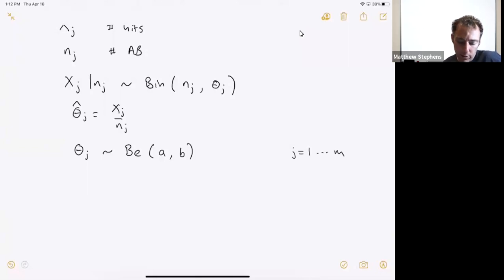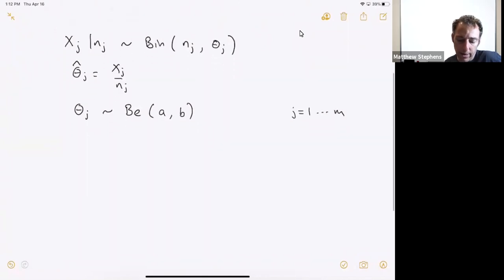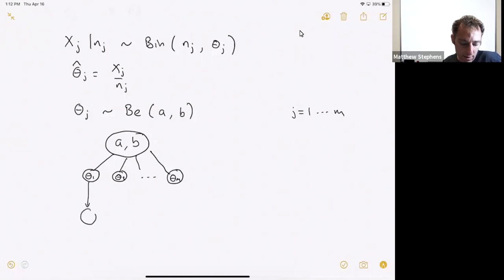Visually, what you can think about going on here is that we've got parameters A and B, and then each of the thetas, theta 1, is being drawn from that beta distribution. And then the x's that we're observing are noisy estimates of the thetas, or they depend on the thetas anyway. I'm going to treat n as fixed and given rather than as random.